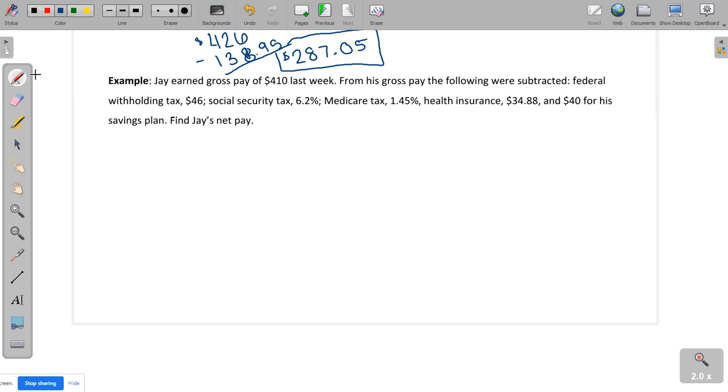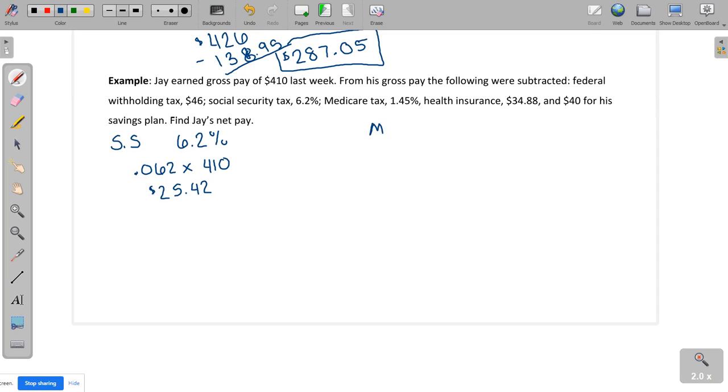So we first need to find our Social Security and Medicare tax since they gave us the percentage. So Social Security has a tax of 6.2%. Change that to a decimal, 0.062, times our amount of gross pay, so $410. When we multiply that through, we get $25.42.